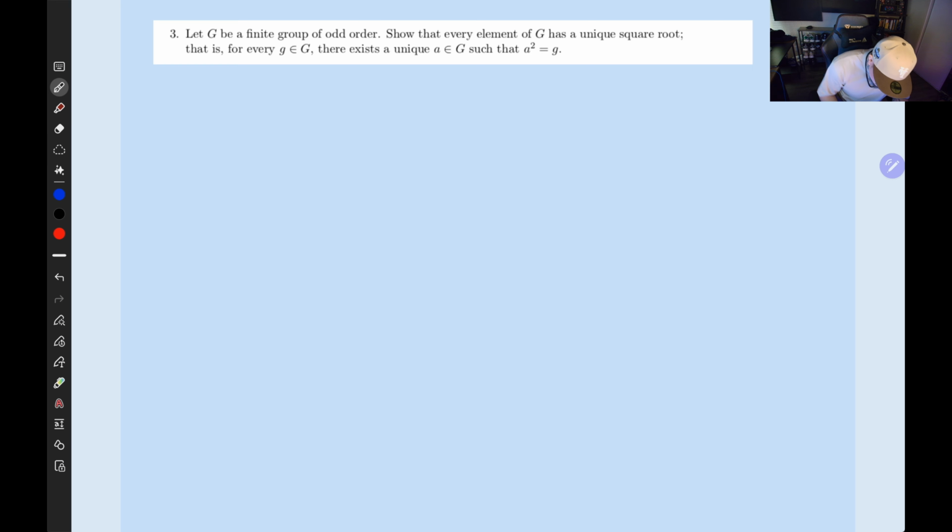Okay, so let's get started. This proof is a little bit longer, because there are a few things we need to show. Let's start with our assumptions. Let G be a finite group, and we know that this group is of odd order. So let G be a finite group of odd order.